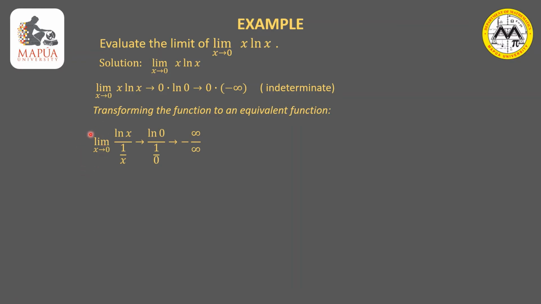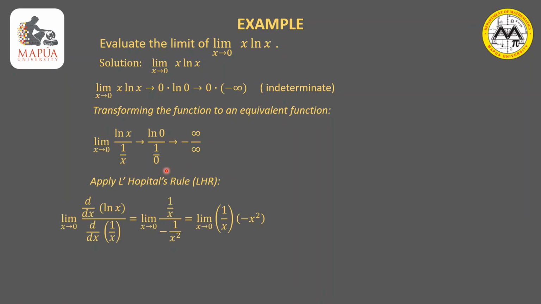Evaluating the limit of this expression as x approaches 0, we will have it in terms of ln 0 divided by 1 over 0, or this will be of an undefined value, assuming the form infinity over infinity. Again, this is an indeterminate form, but it is of the form wherein it is valid to use L'Hopital's rule.